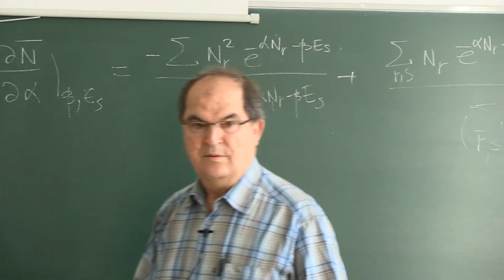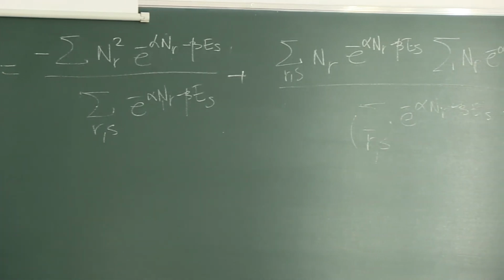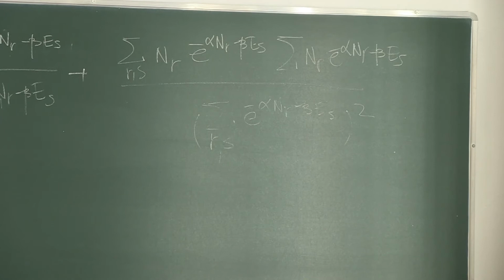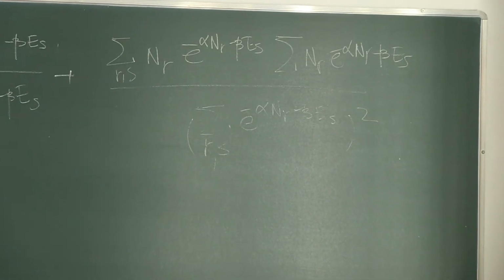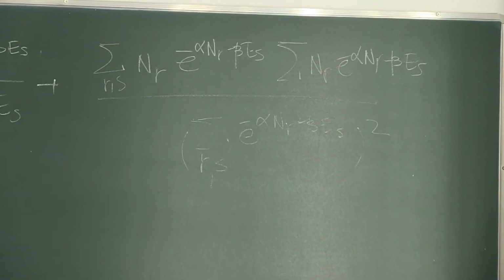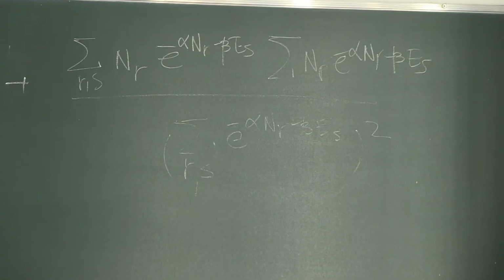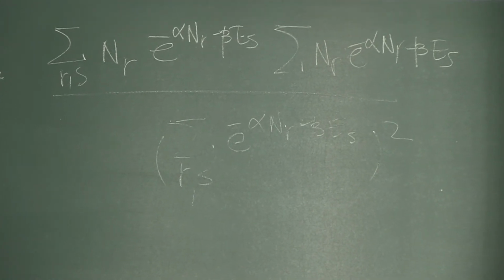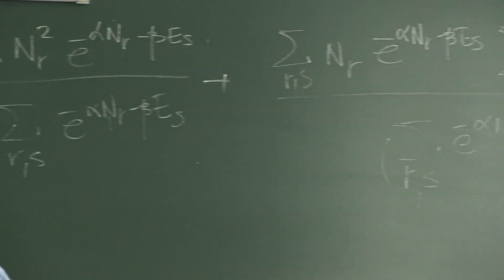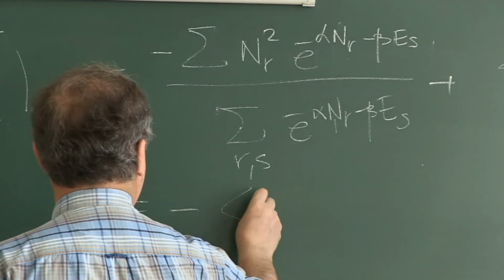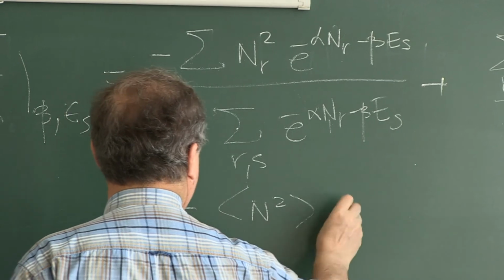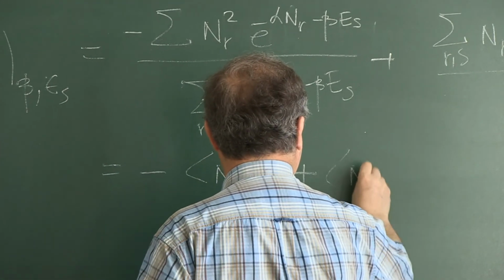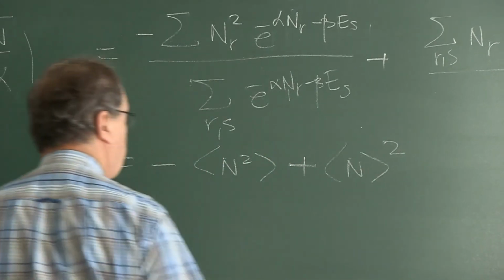So the first term, as you can see, is related to the average of n squared. The second term is the square of the average, isn't it? So this is nothing but minus average n squared, that is plus n average squared.